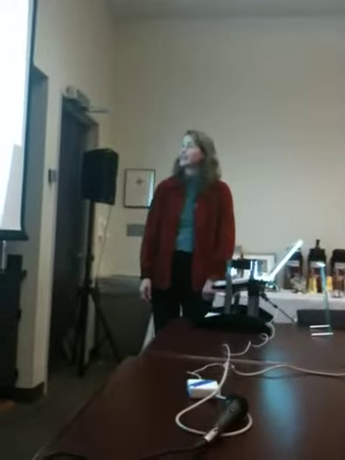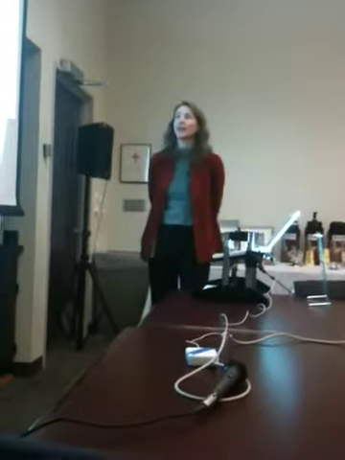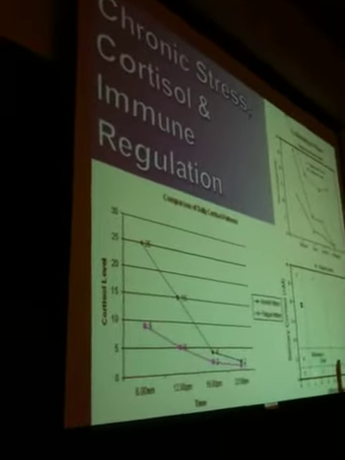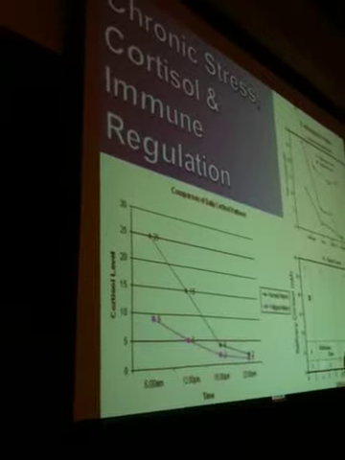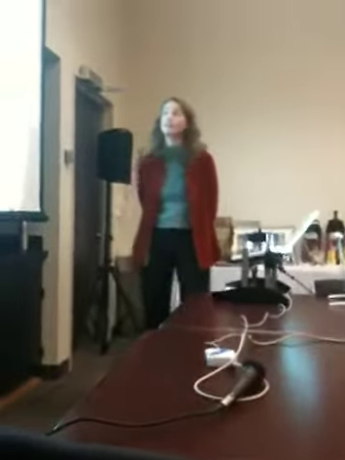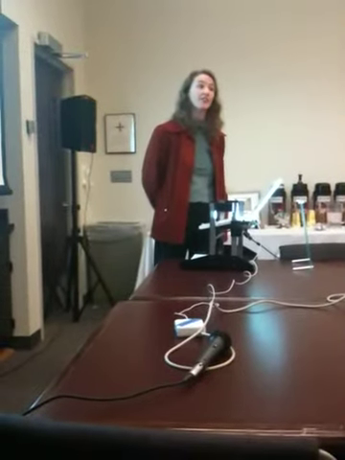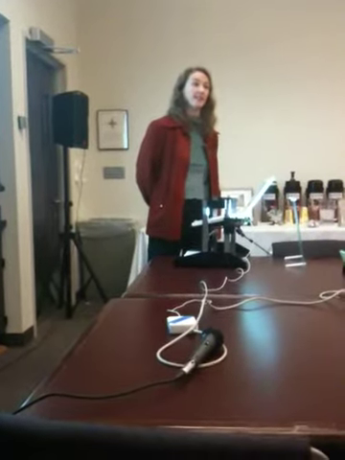Okay, so chronic stress releases cortisol. Cortisol is the hormone that's associated with chronic stress. And what immunologists are finding is that cortisol patterns, when they're not in their optimal patterns, are likely contributing to the autoimmune process.